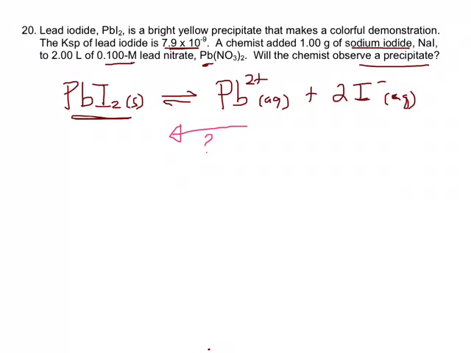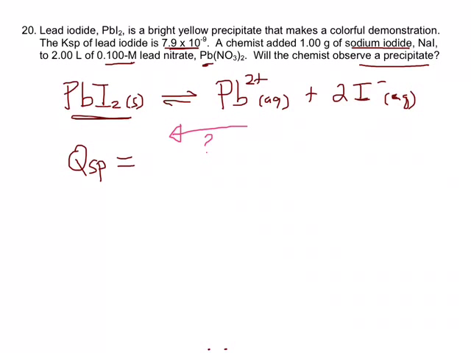Now, back in our equilibrium unit about 5 or 6 weeks ago, we learned how to predict whether an equilibrium would shift forwards or backwards, or perhaps it doesn't shift at all. Maybe it's at equilibrium. The way we talked about doing that a few weeks ago was to calculate the Qsp value. So Qsp, we were just reminding ourselves, stands for the reaction quotient. That's what Q stands for.